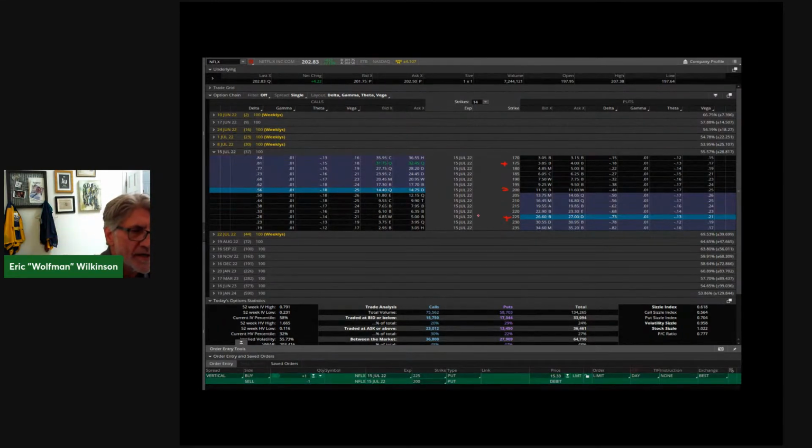But the reason why is in the money options have a benefit. There's a benefit to owning an in the money option, meaning by buying this 225 put right here, that gives me the opportunity to sell Netflix at 225 when it's trading 200. That's a pretty good benefit.